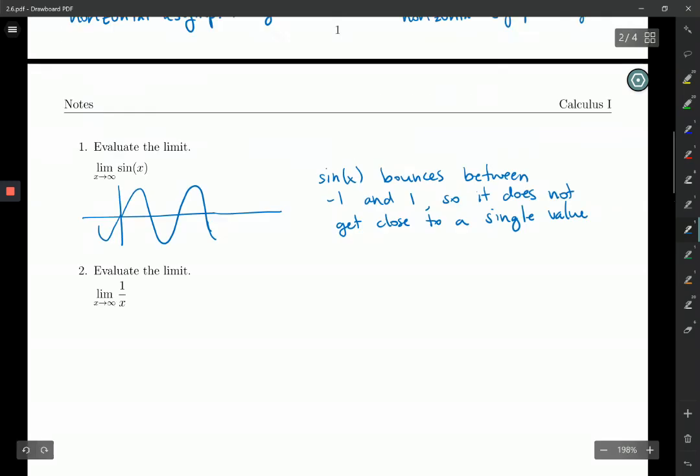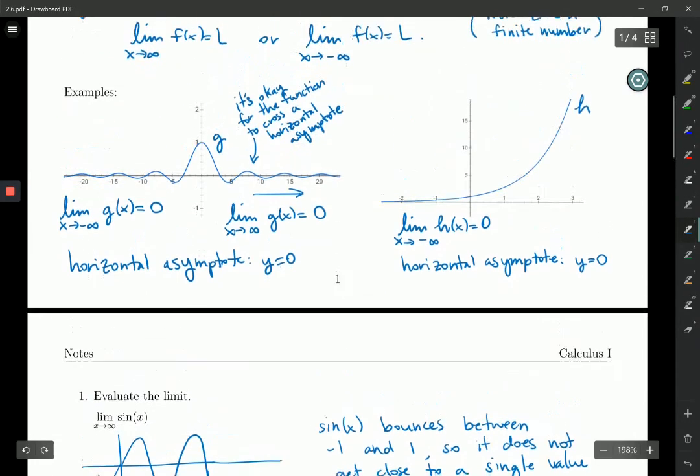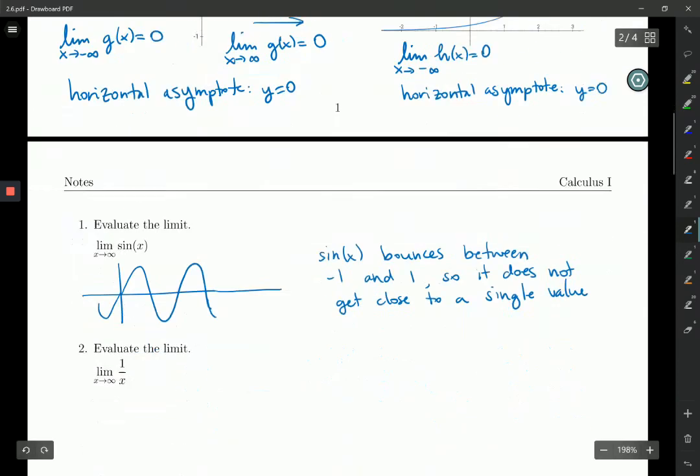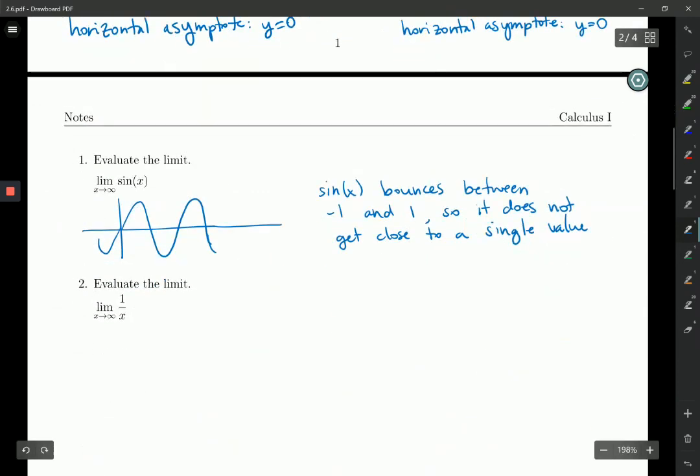Unlike in the previous example, where this function is oscillating in the same way but getting closer and closer each time it goes up and down, getting a little bit closer to 0, sine of x always travels the same distance between minus 1 and 1 and never gets closer to a single value. So that means that this limit as x goes to infinity does not exist. Okay.